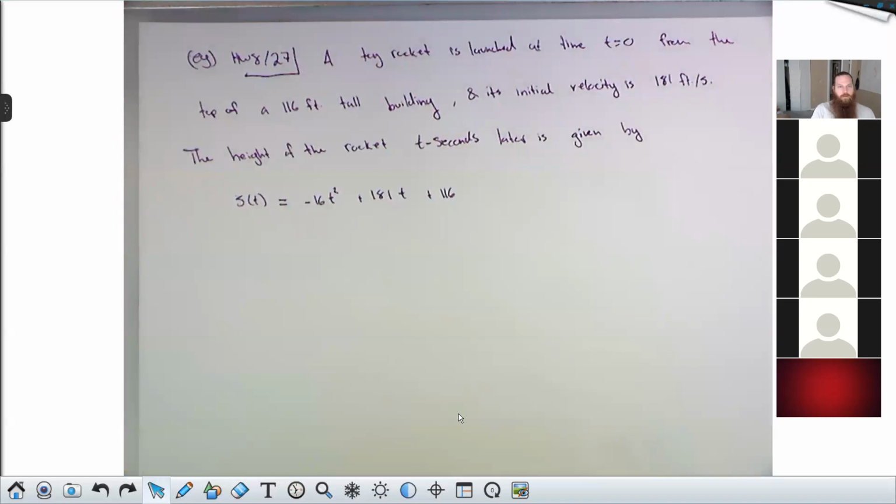You may notice that the 116 from the building shows up here as the constant. The 181, which is the initial velocity, shows up here as the linear coefficient.